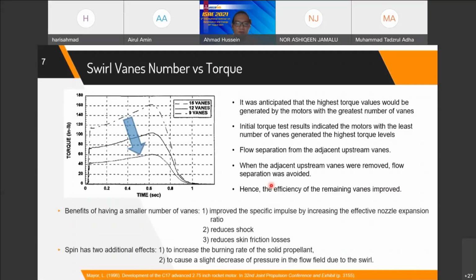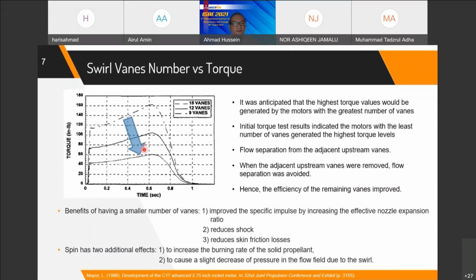It has been shown in a previous study, Maya et al. in 1996, that the number of vanes severely affects the torque produced on the rocket. Initially, the authors anticipated that the highest torque value would be generated by the motors with the greatest number of vanes.